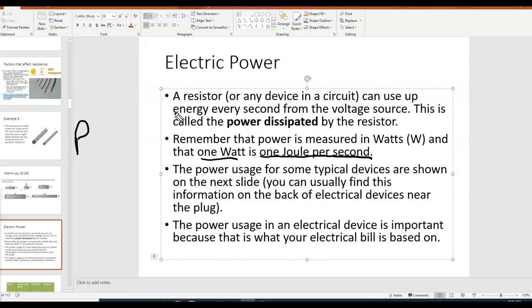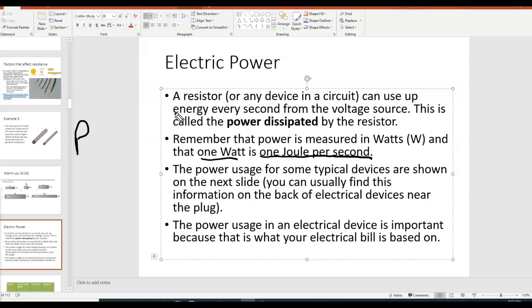Now, we're not going to get into how your electric bill works because it's kind of weird with the units and everything. But basically, when you pay your electric bill every month, what you are actually paying on is how much energy you used throughout the month, which is based off of the wattage or the power used by each of your devices multiplied by the time that you use that device for.